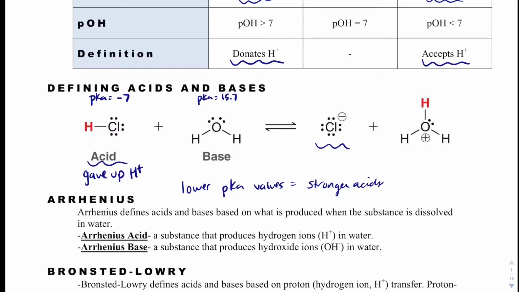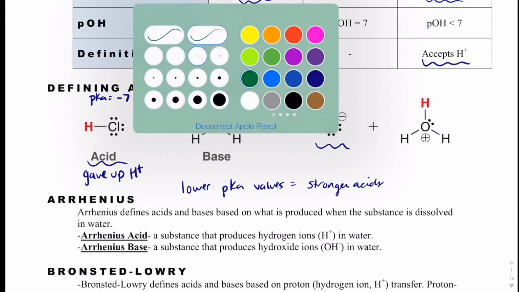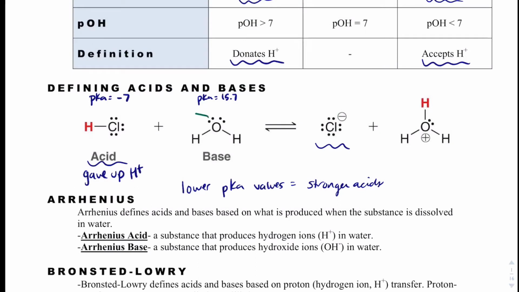Okay, and so what happens is we're going to learn how to draw arrows where the lone pairs of the electrons in water go and attack the H, but we're really interested in H+, and so the electrons in that bond return to chlorine, and we get something that looks like this.